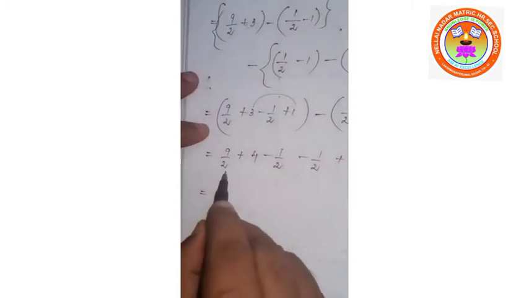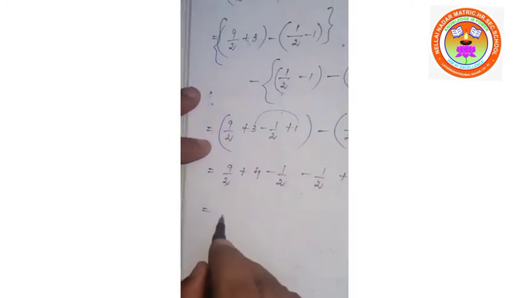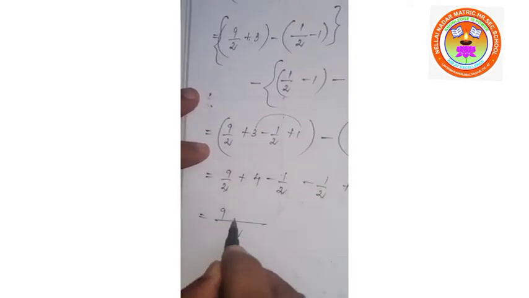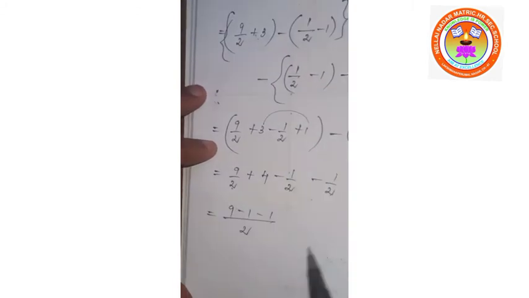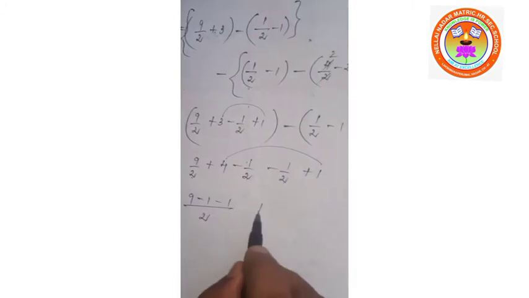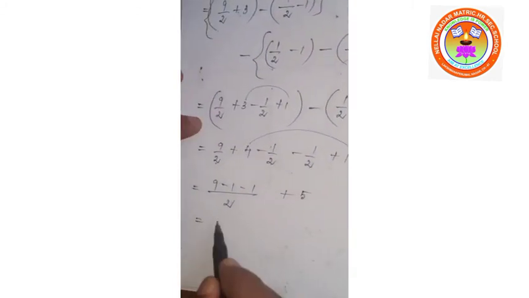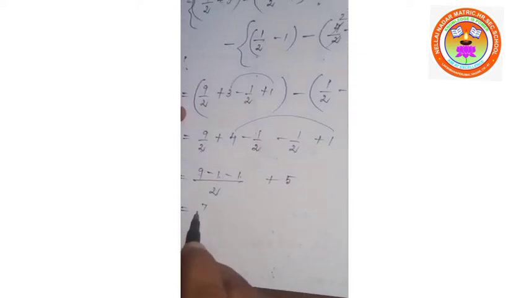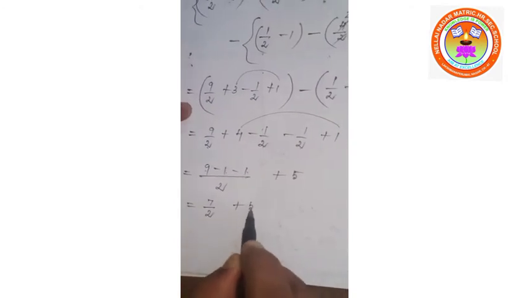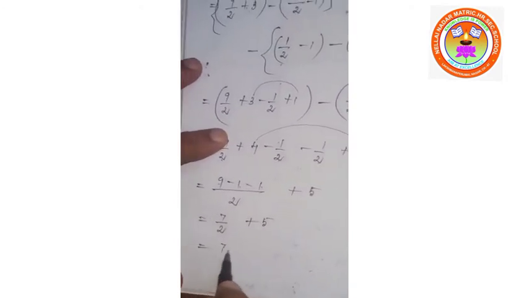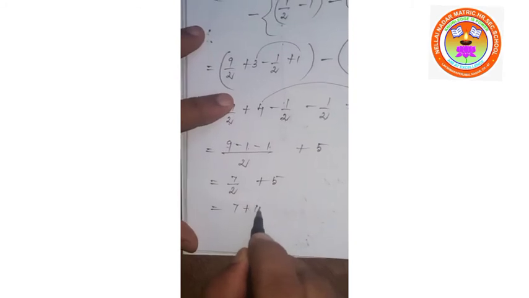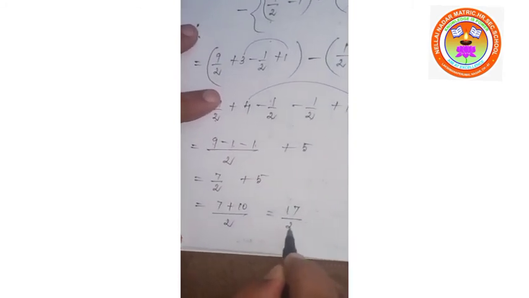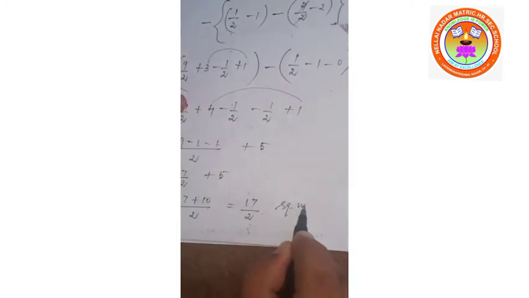Equals, here 2, here 2, here 2, so we can take 2 as common. Write the numerators 9, here -1, here -1, 4 plus 1 together 5. Equals 9 minus 1 is 8, 8 minus 1 is 7, 7 by 2 plus 5 equals 7, 2 5s are 10 divided by 2 equals 17 by 2 square units.